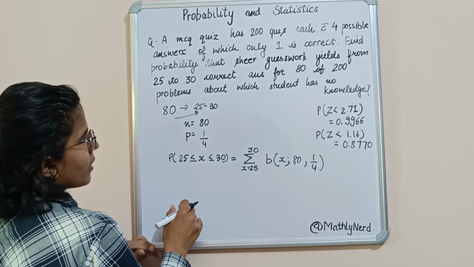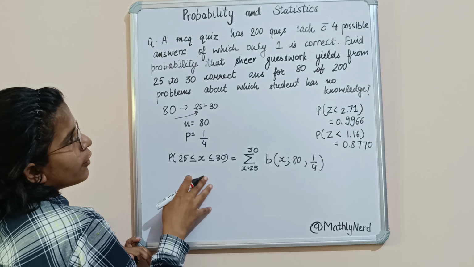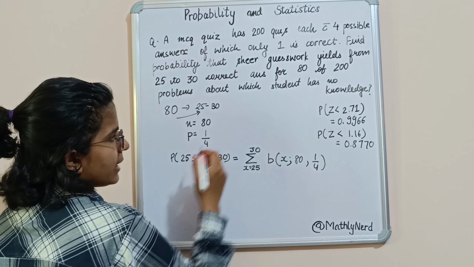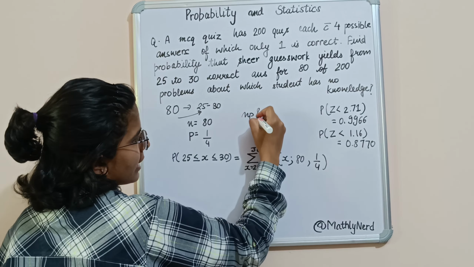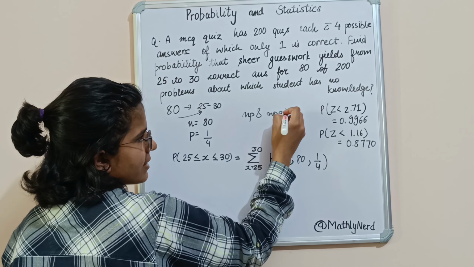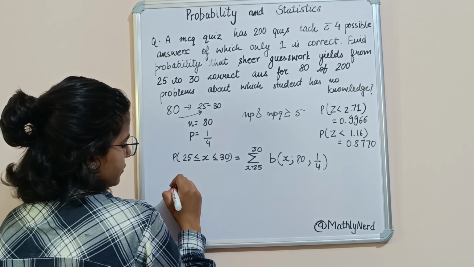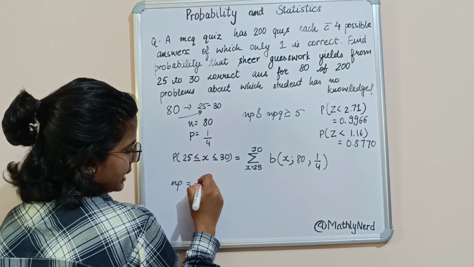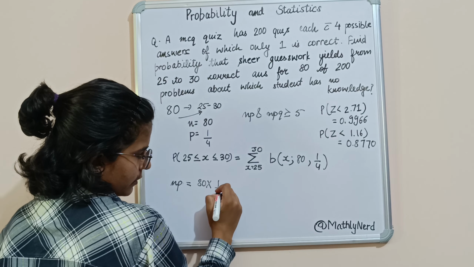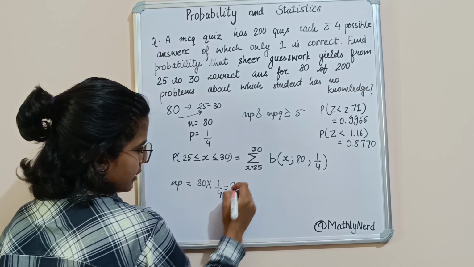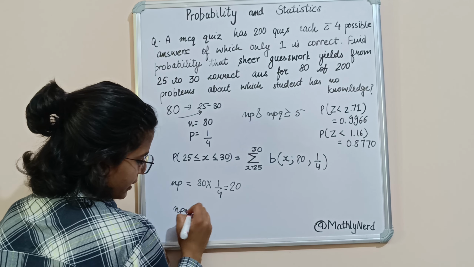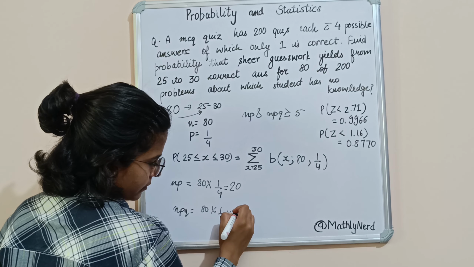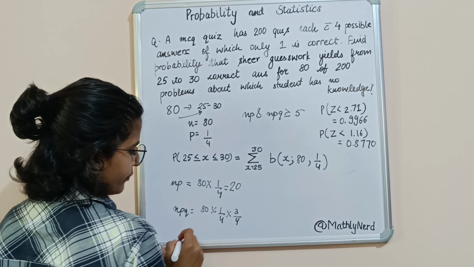Now, if we want to approximate it to a normal distribution, then we must have np and npq both greater than or equal to 5. Our np will be equal to 80 into 1 by 4, that is 20, and npq will be 80 into 1 by 4 into 3 by 4.